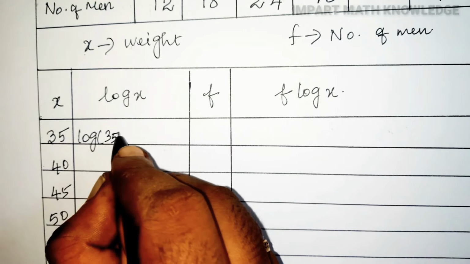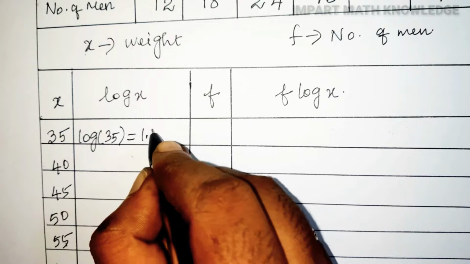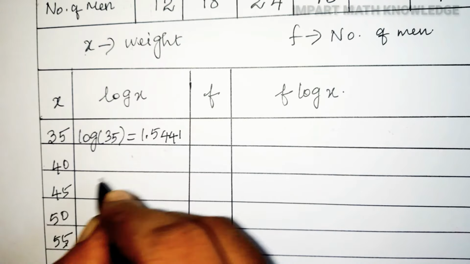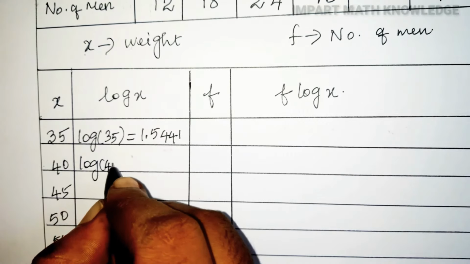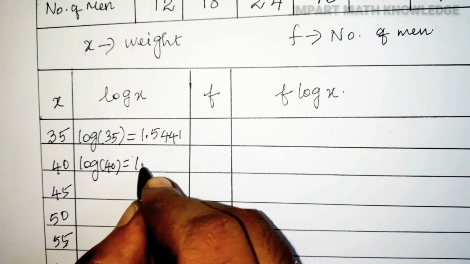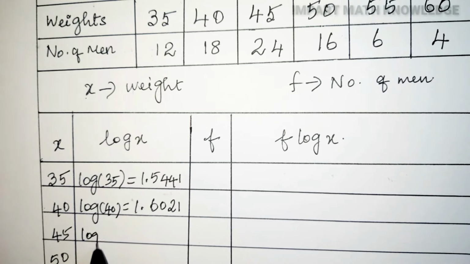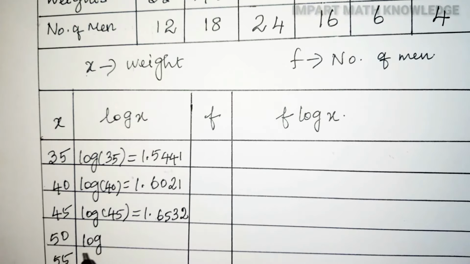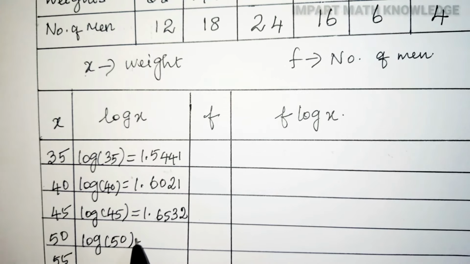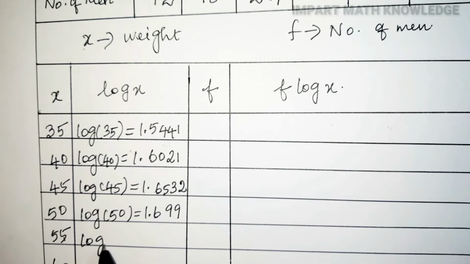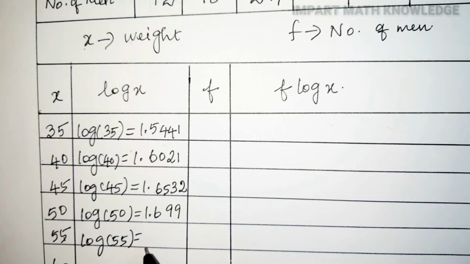Log 35 is equal to 1.5441. Log 40 is equal to 1.6021. Log 45 is equal to 1.6532. Log 50 is equal to 1.699. Log 55 is equal to 1.7404.